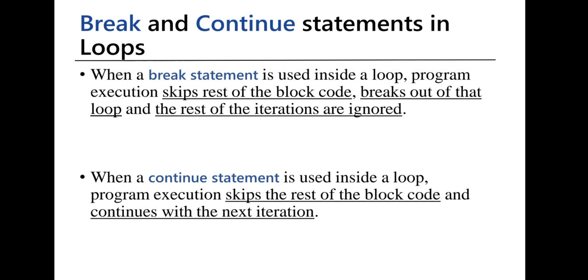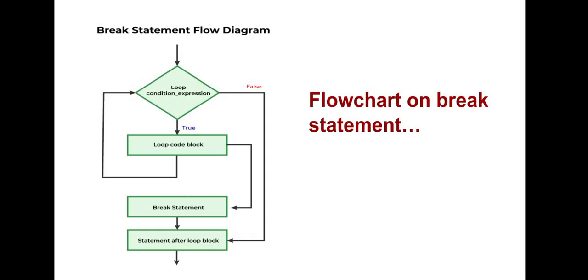Now let us discuss the variation between break and continue with the help of a flowchart so that it is easily identified and understood by all. Here comes the flowchart on the break statement. The break statement flow diagram is represented in loops in this way.